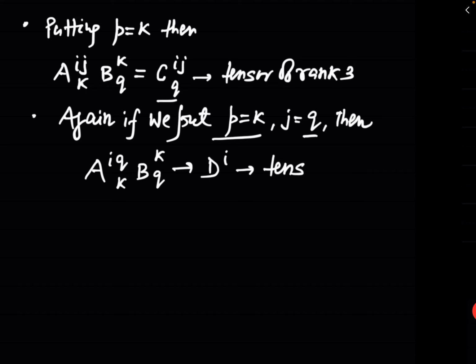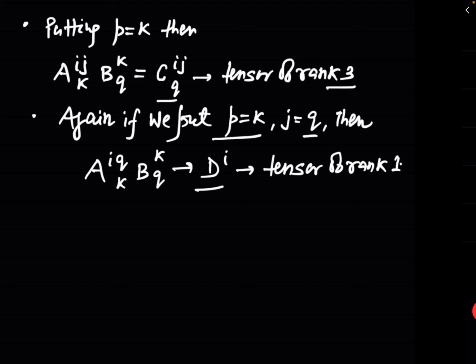This is just a tensor of rank 1. And if you follow the process of contraction one time, then you get a tensor of rank 3, and if again you follow the process of contraction, then the inner product becomes a tensor of rank 1.